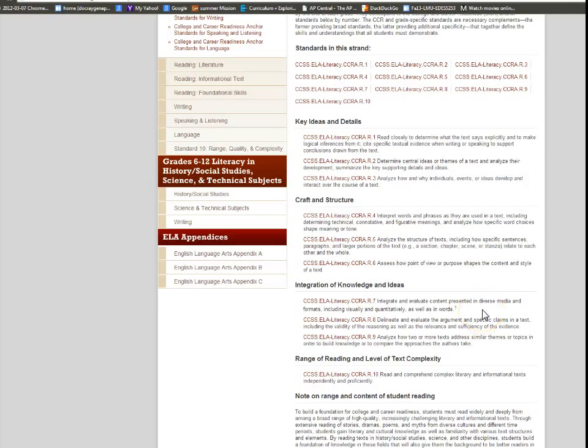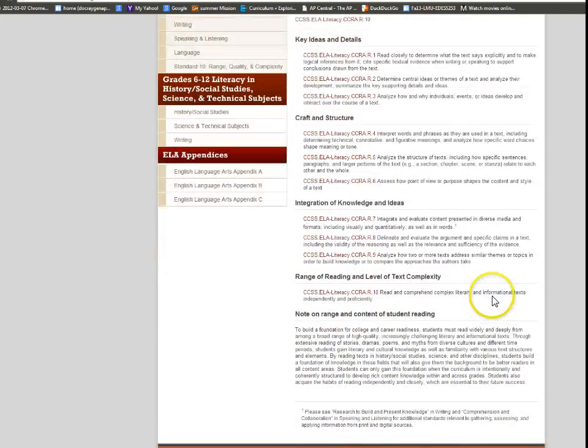Analyze the structure of the text, including how specific sentences, paragraphs, and larger portions of the text, for example, a section, chapter, scene, or stanza, relate to each other and the whole. Standard 6. Assess how point of view or purpose shapes the content and the style of a text.